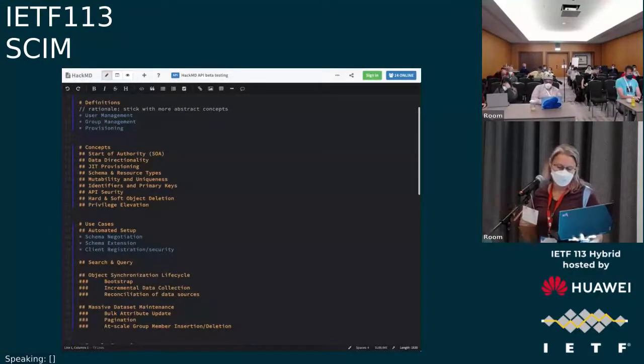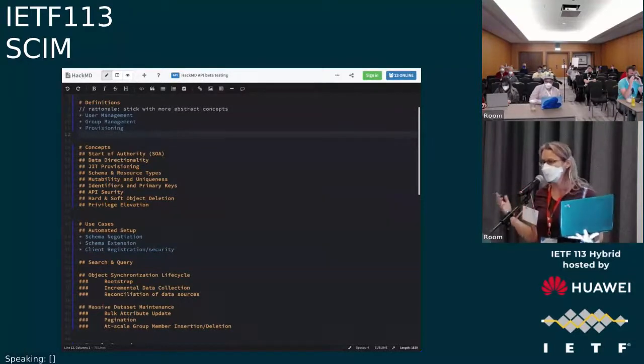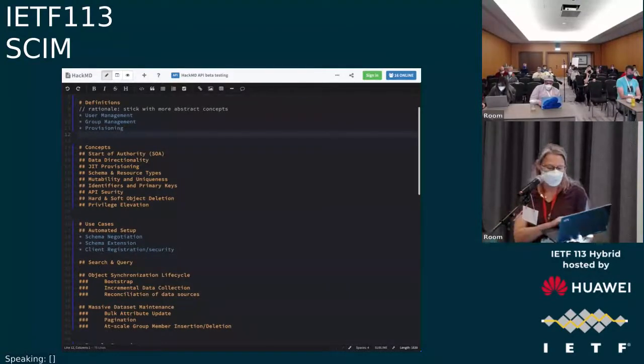So for example, I have user management and group management and provisioning listed here, right? So in the case where people may not understand, for example, what group management is, it should be just enough to help people understand that the term is being used. So any definitions that would maybe not be applicable in the normative spec, but would be useful for the overall understanding of the concept would go here.